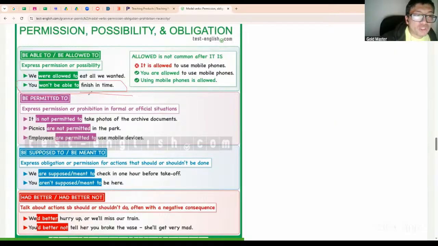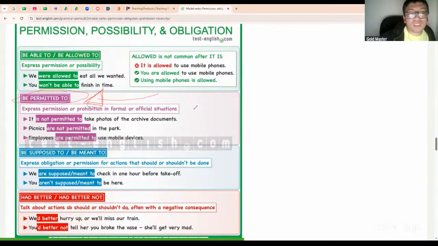Be permitted to. Be permitted to. In here, pay attention. Be permitted to expresses permission or prohibition in formal or official situations. For example, we have, it is not permitted to take photos of the archived documents.